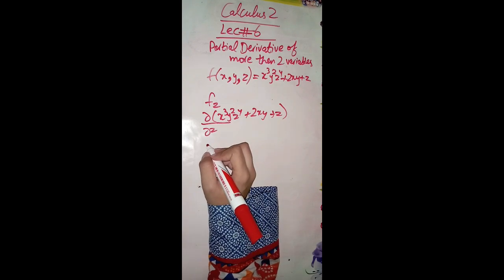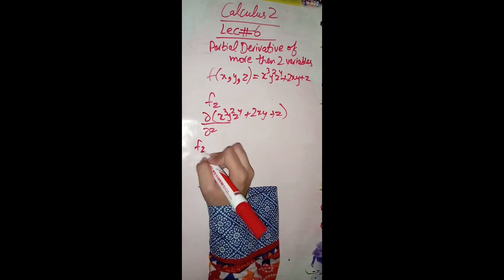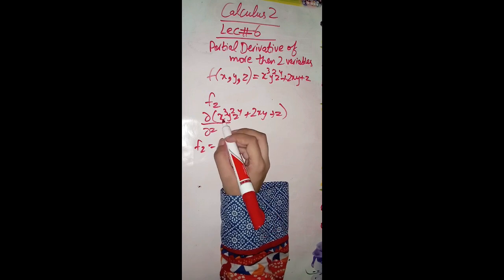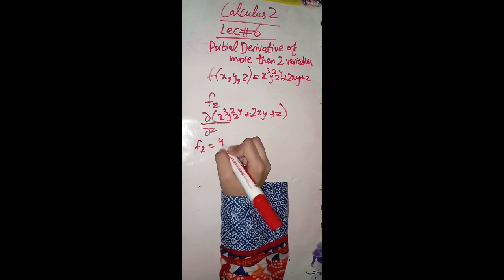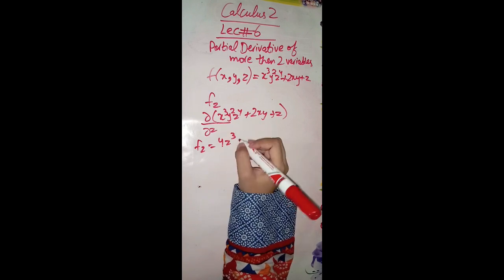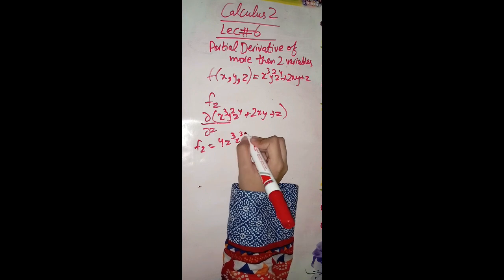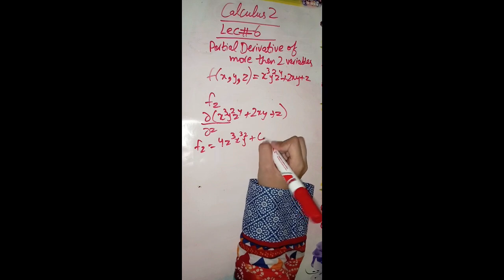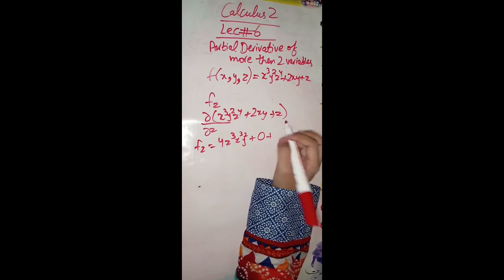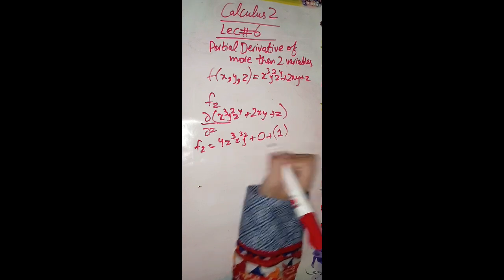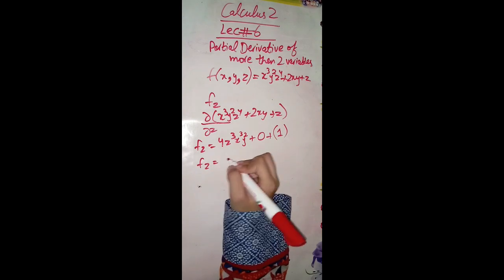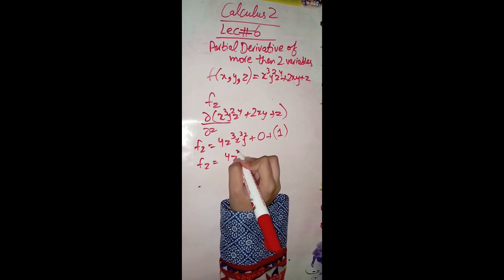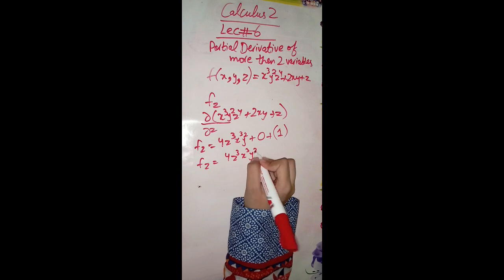So fz is equal to 4z cube, with x cube and y square constant, plus, here we don't have any z value, so it will be 0, and partial of z by partial of z is 1. So fz is equal to 4z cube x cube y square plus 1.